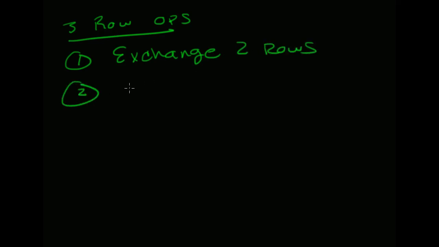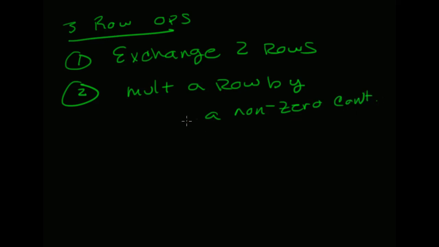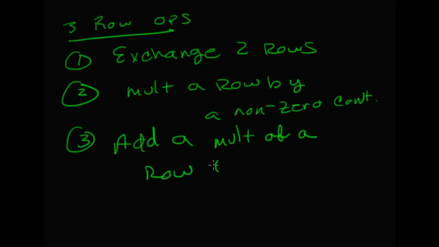You can multiply a row by a non-zero constant. And last one, you can add a multiple of a row to another row.